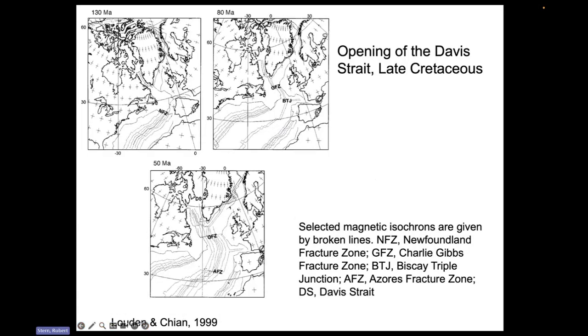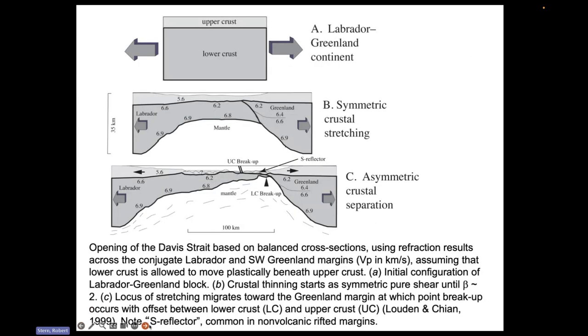Good question, and I don't have a good answer for you. So this is the way that this region has been reconstructed. Extension with beta. We're looking at seismic velocities here, and these are the rifts and what happened.